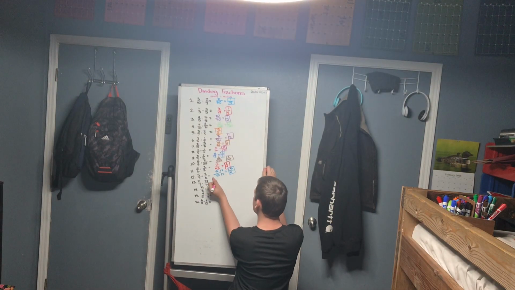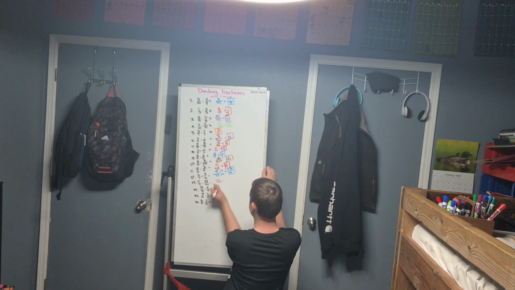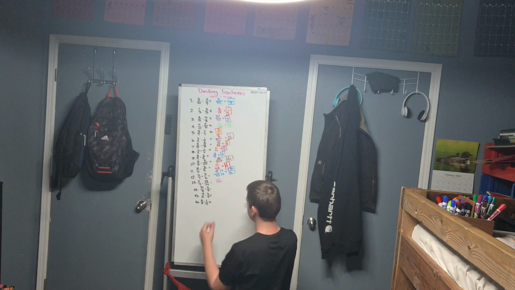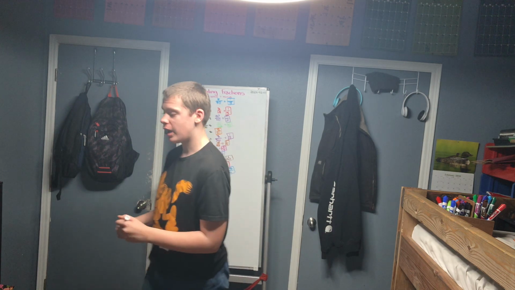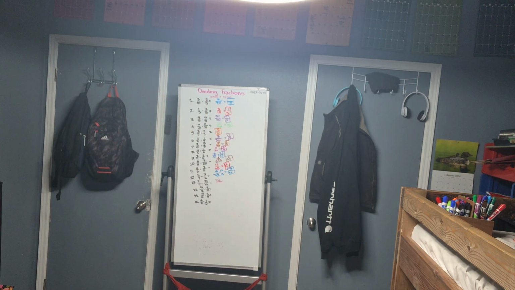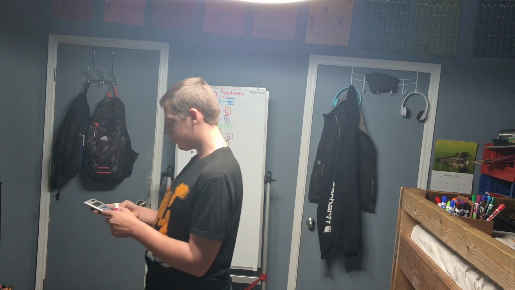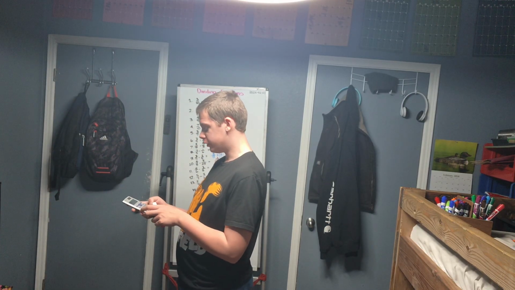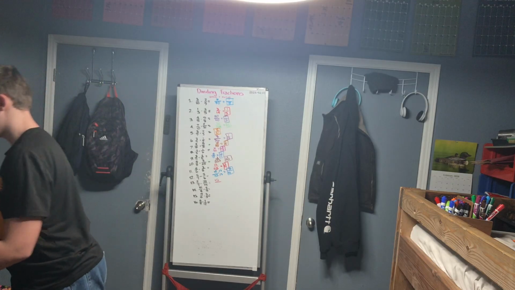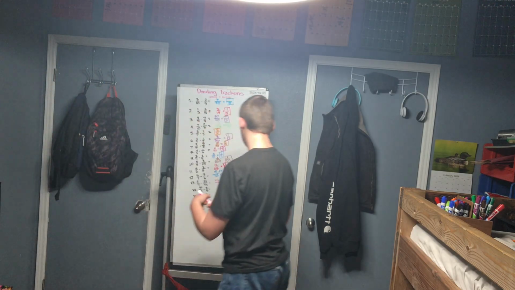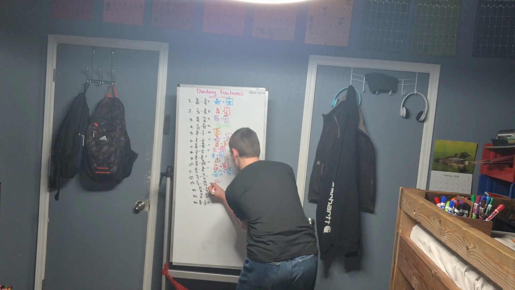So 2 times 21 is 42. And 7 over 14. Okay, 7 times 14 is 98. Okay, 98. 42 over 98.